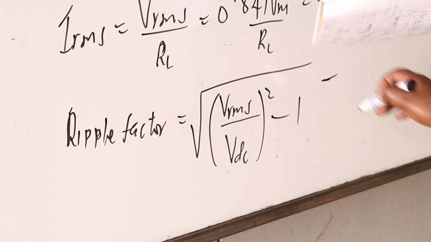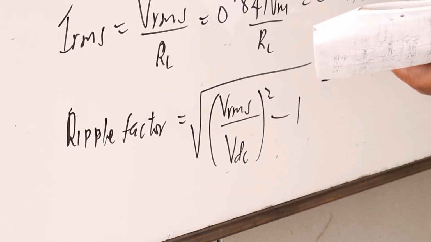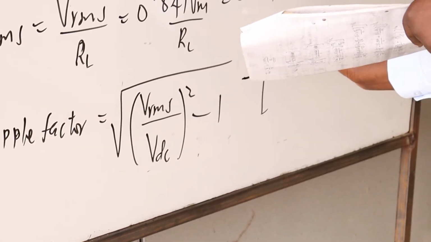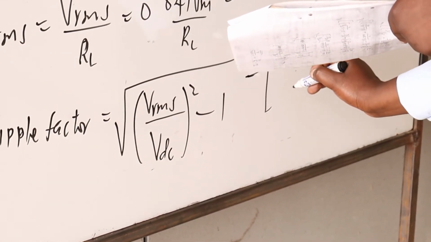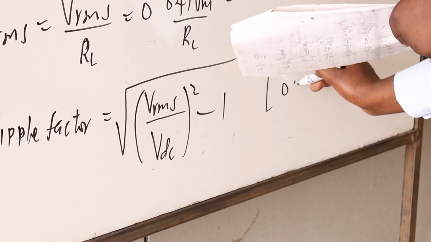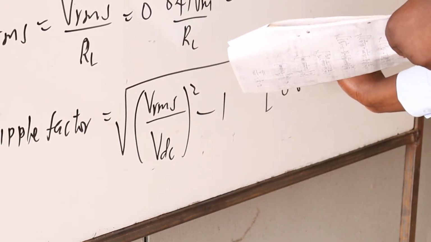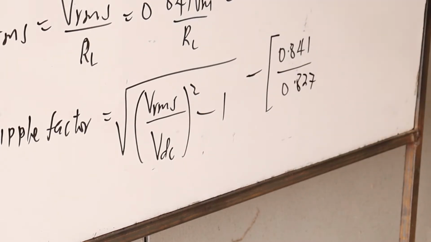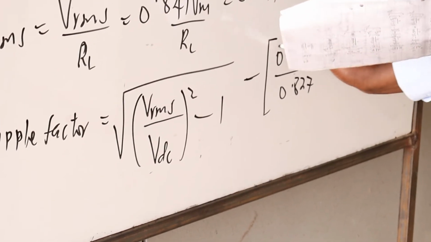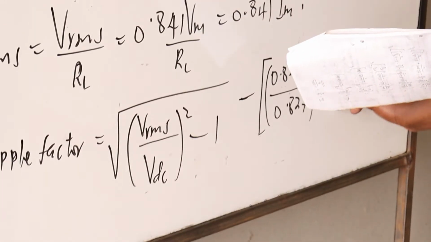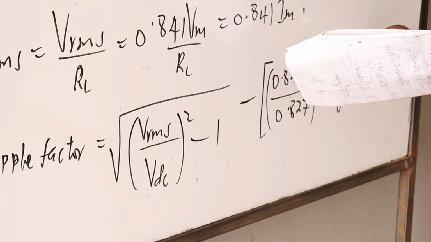So if we substitute 0.841 all over 0.827, squared, minus 1, then we get the square root.